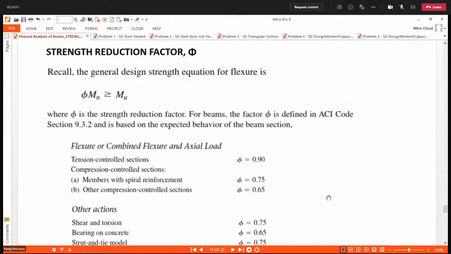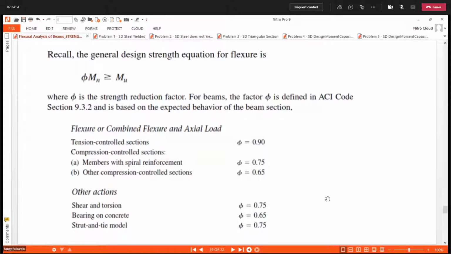So this is the exact value when we are tension controlled: 0.90. For compression controlled with spiral, 0.75. For others, 0.65. Now, other actions: for shear and torsion, 0.75; bearing on concrete, 0.65; strut and tie model, 0.75.